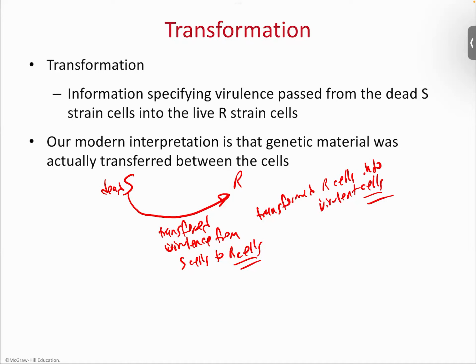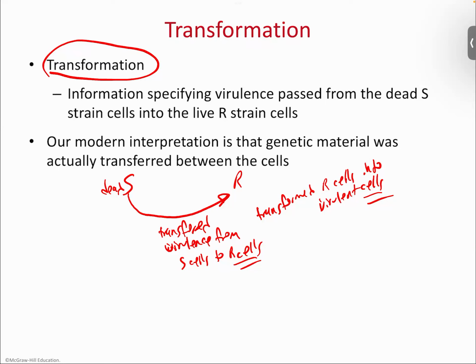So what Griffith stumbled on is a process we refer to as transformation. There are two different uses of the term transformation. One is a cancer term: the transformation of a tumor from a benign to a malignant state. It changes its identity. But at this level, transformation is associated with the transfer of DNA from one cell to another.